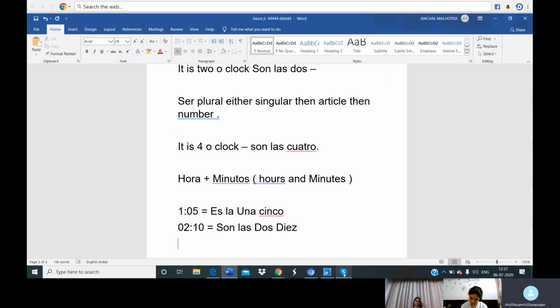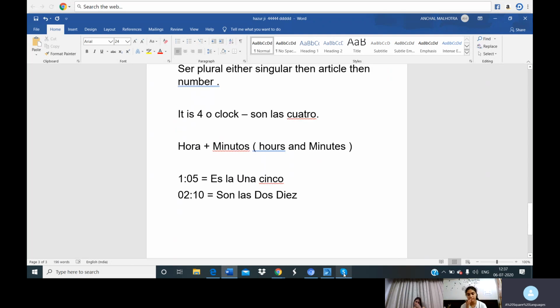Now we have a pattern again. If we have 12, for example, 12:15.